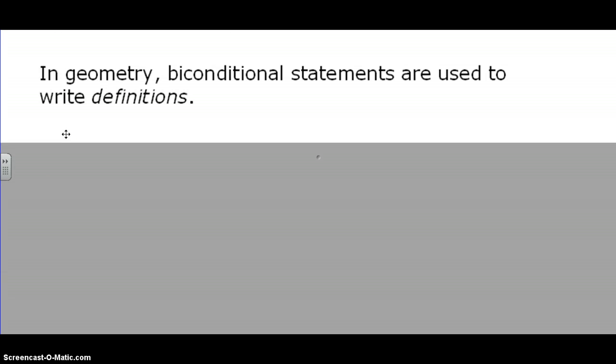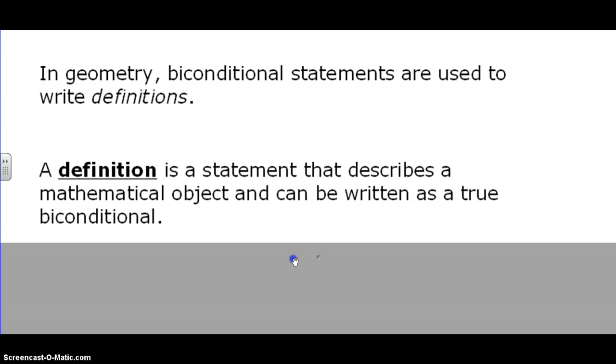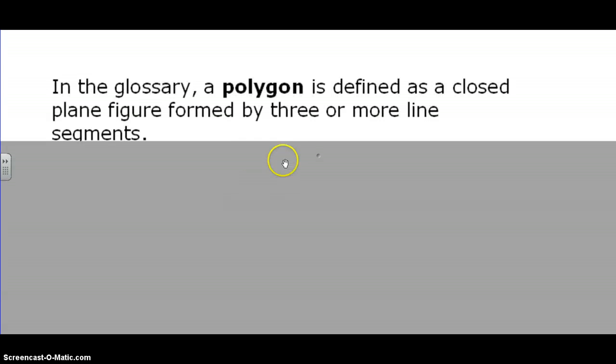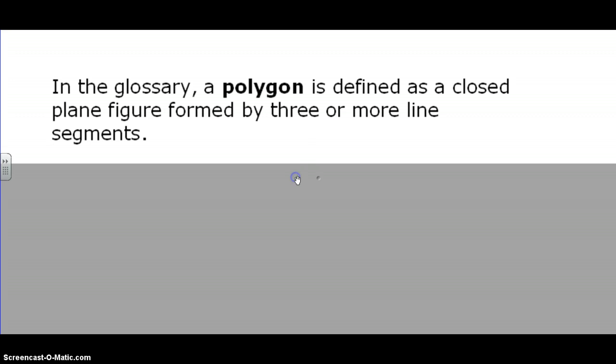So in geometry, biconditional statements are used to write definitions. When I think of biconditional statements, I think of definitions. They are statements that describe a mathematical object, and they really can be written as a true biconditional. So in a glossary, a polygon is a closed plane figure formed by 3 or more line segments.